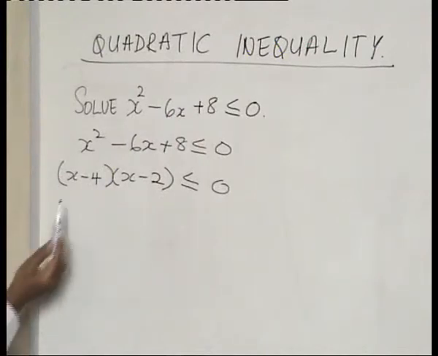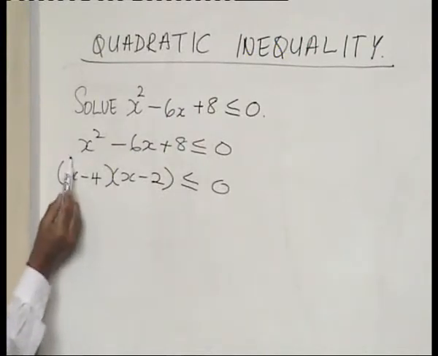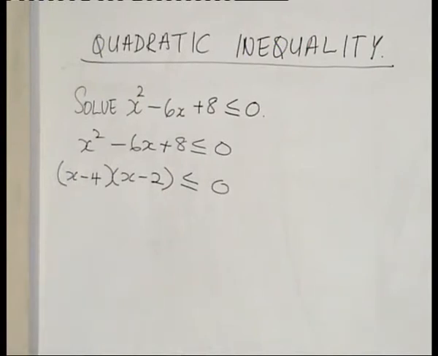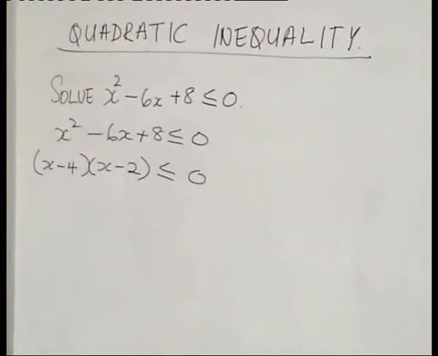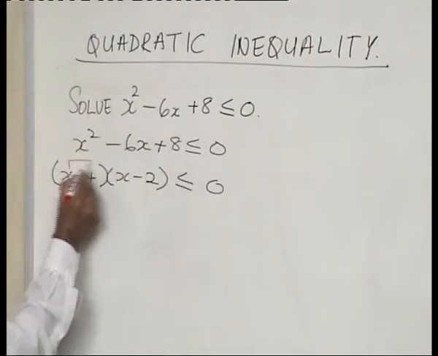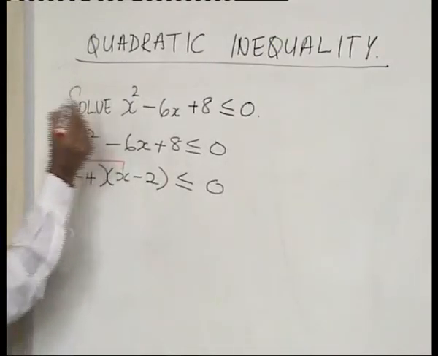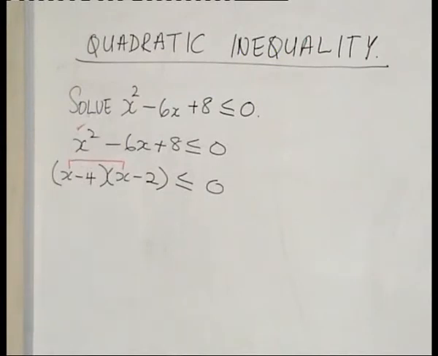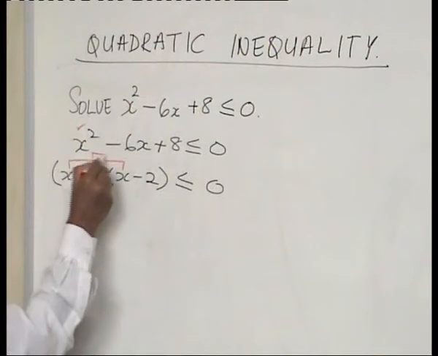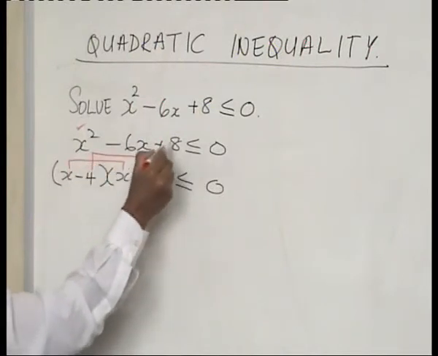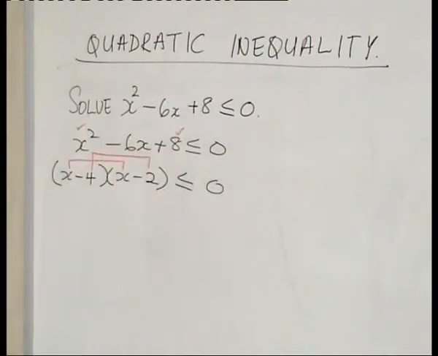Now, when you factorize it, you must check x times x gives you x squared. Now the testing is the most important part. Then you must test minus 4 times minus 2. That gives you 8.